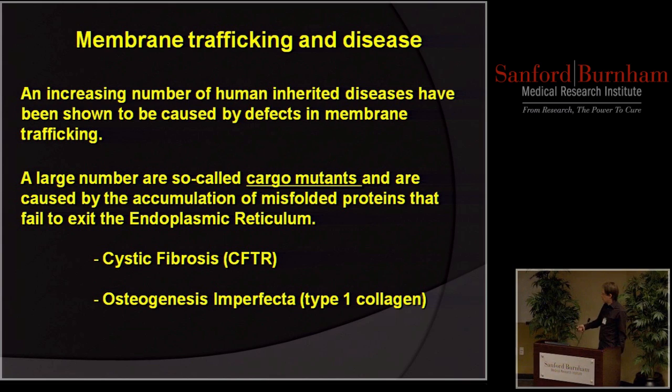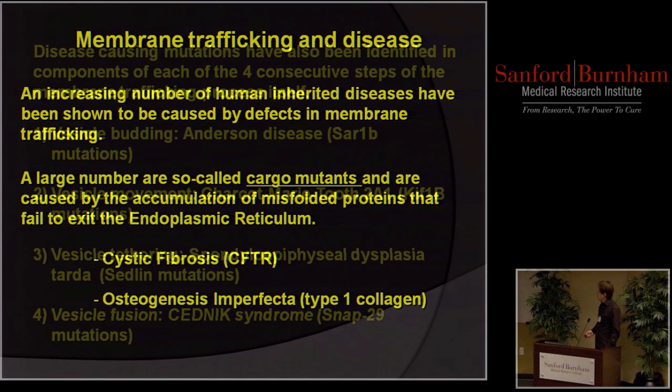An example is cystic fibrosis, which is due to the retention of the CFTR protein. Another example is the skeletal dysplasia osteogenesis imperfecta, which is caused by misfolding of type 1 collagen and its retention in the endoplasmic reticulum.